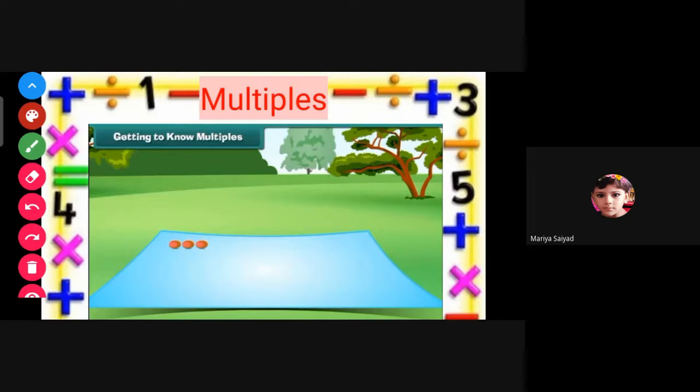To find the total, how can we use this? You can see how many groups there are and how many are in each. The same three are there in each group, groups of three. And a total of 10 groups are there.